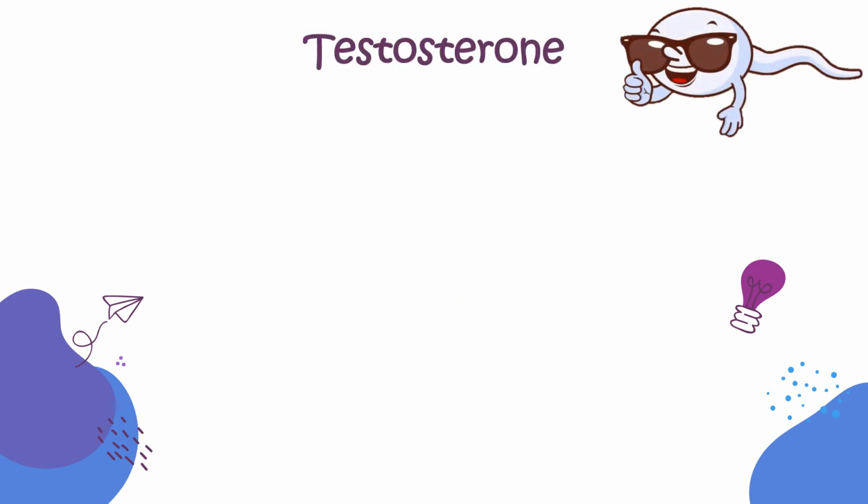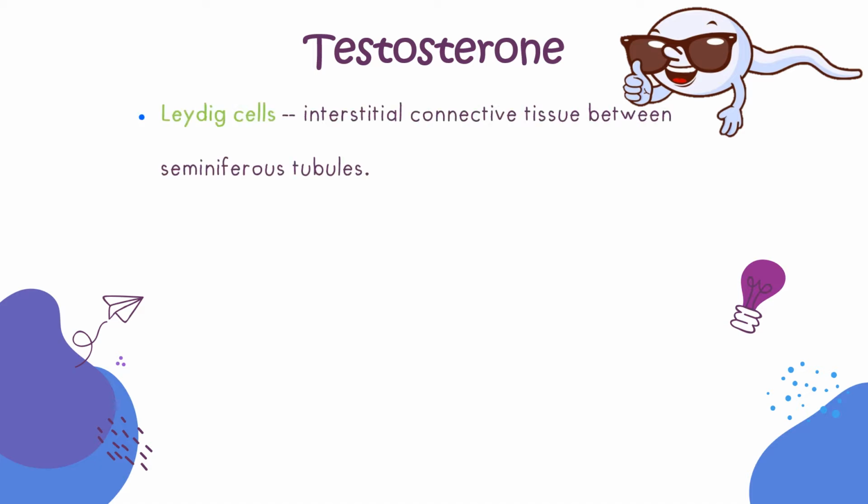Testosterone is a steroid hormone secreted by the Leydig cells. Leydig cells are located in the interstitial connective tissue between the seminiferous tubules. Leydig cells are numerous in newborn male infants and also in adult males.